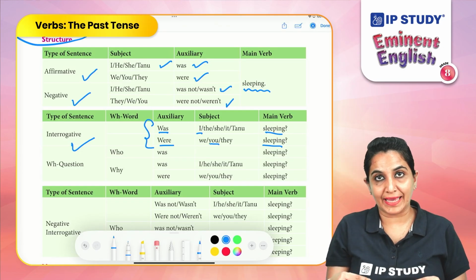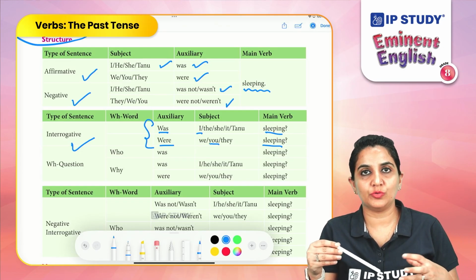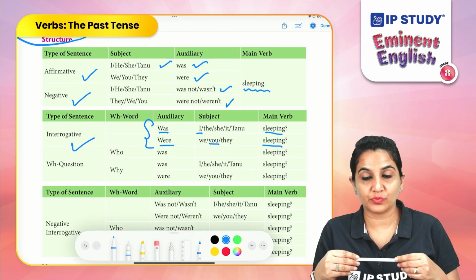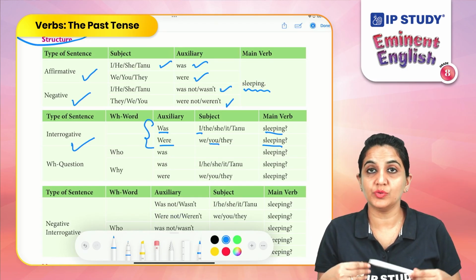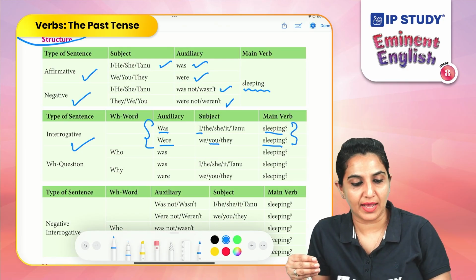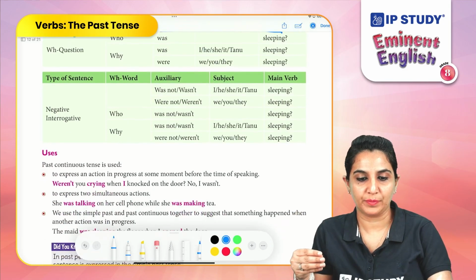So, with I, she, it, Tanu, we always use was. With the subjects such as we, you, they, we always use were. And the main verb remains the same with the ing form of the verb.